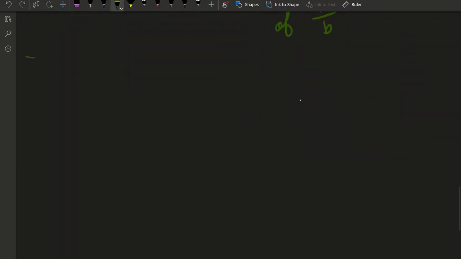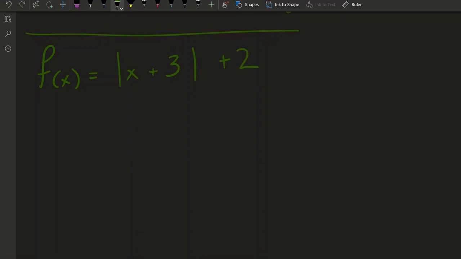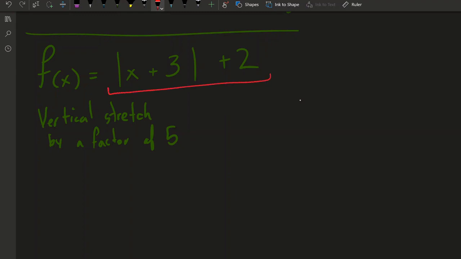Okay, let's try that with an example. Let's say that we have this function f of x is equal to absolute value of x plus 3 plus 2. Now, if I want to vertical stretch by a factor of 5, that means that I'm going to take the output, which is this whole piece right here, and I'm going to multiply the whole thing by 5.